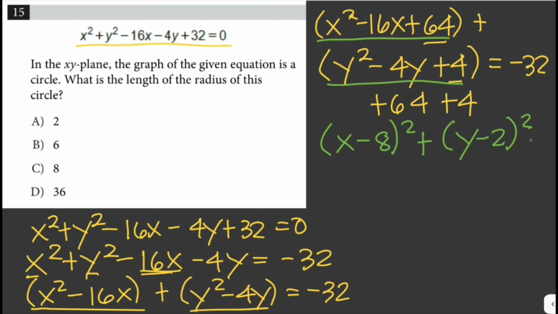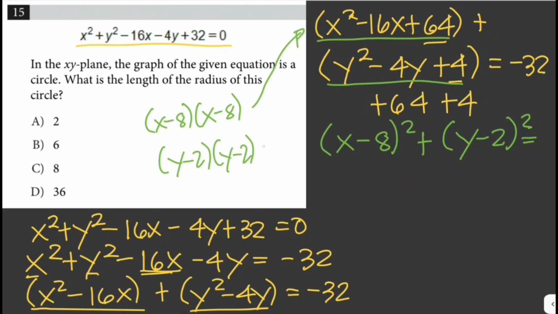You can always check this by multiplying x minus 8 times x minus 8, and y minus 2 times y minus 2, and checking that the result is the same. Then negative 32 plus 64 plus 4 is equal to 36.